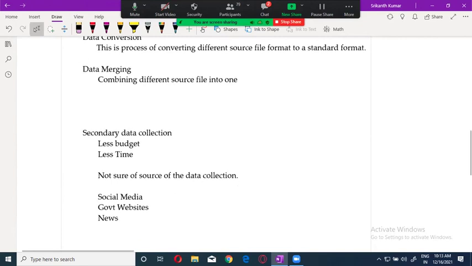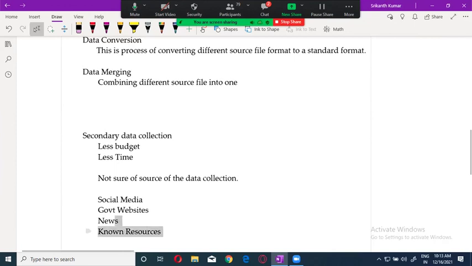And with known resources, as I said, your friend or someone else, they are the known resources, from where you will collect this. Majorly these are the ones: social media, and government websites, if you want to believe the data 100%.